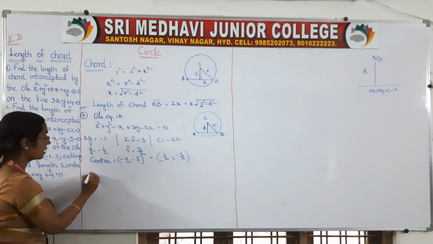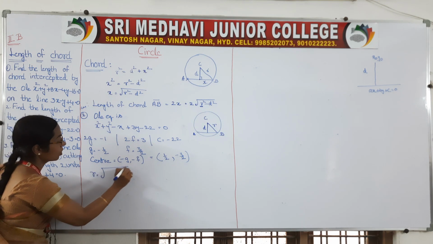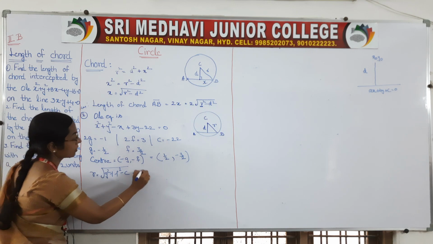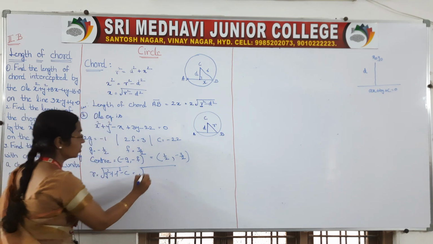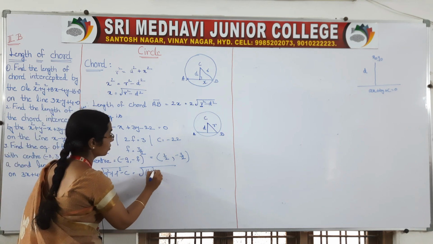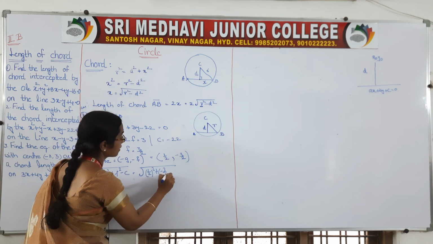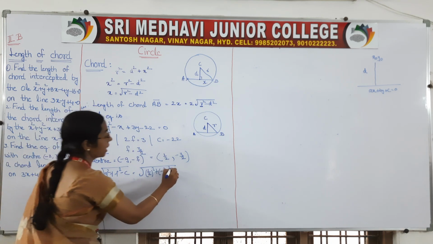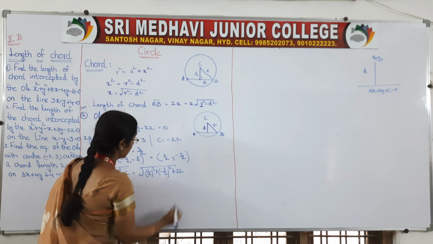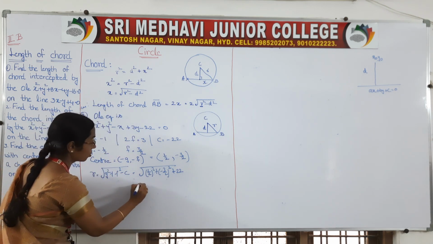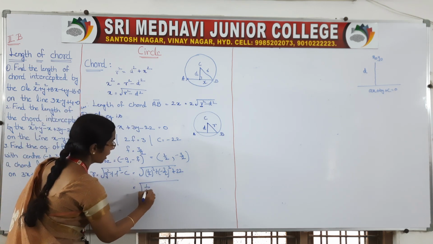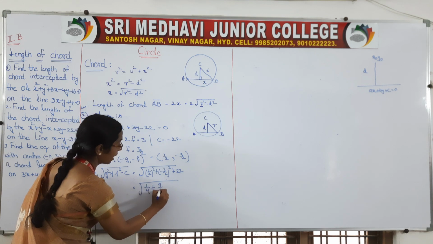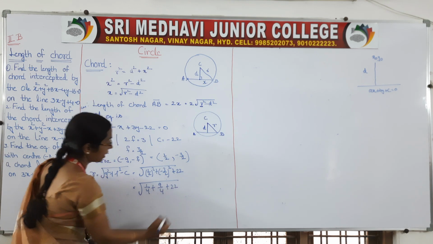So take the radius. Radius is equal to, what is the formula? Root of g square plus f square minus c. So root of g square, 1 by 2 whole square, f square, minus 3 by 2 whole square, minus of minus plus. So is equal to root of 1 by 4 plus 9 by 4 plus 22.